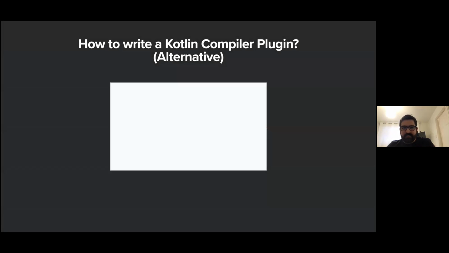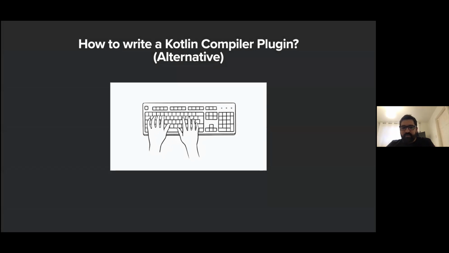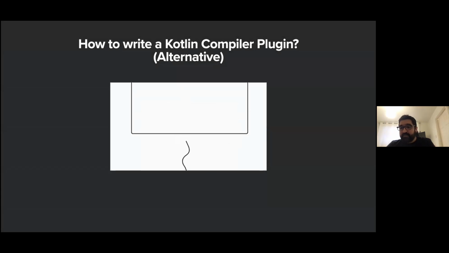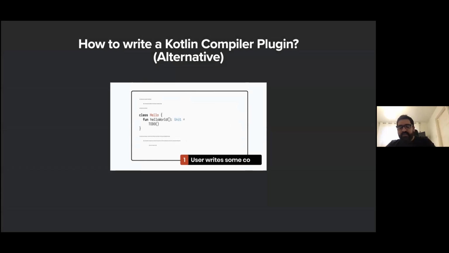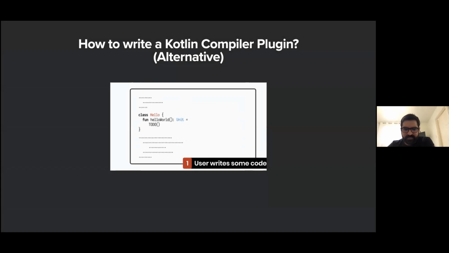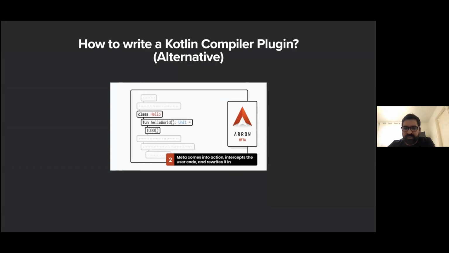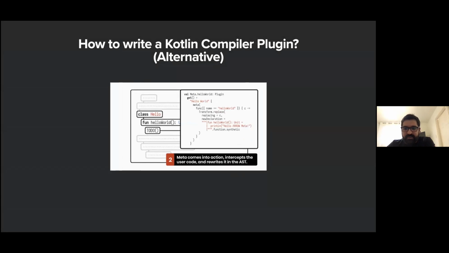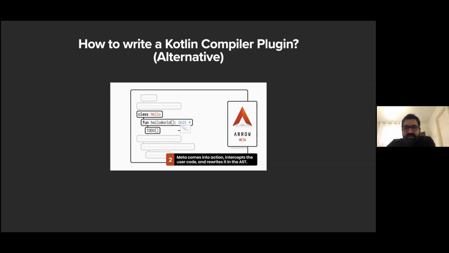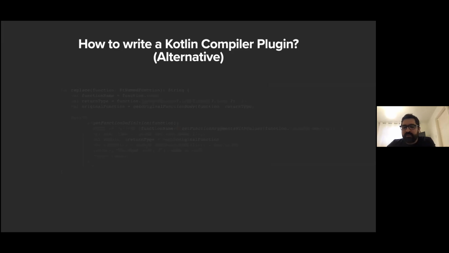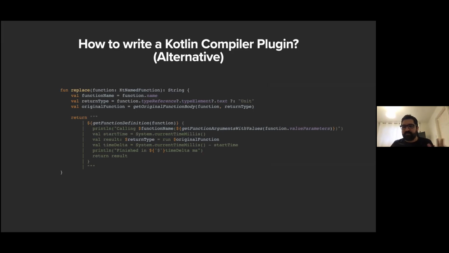They have this really cool animation on their website, which I'm going to send the links to at the end of the presentation, where they show you how it works. You basically write the code, and it looks like it's actually Kotlin code. It doesn't have to be ASM or any other platform. And then they replace the original code with that code that you wrote.